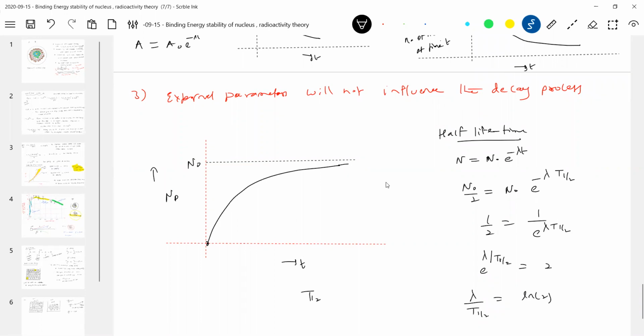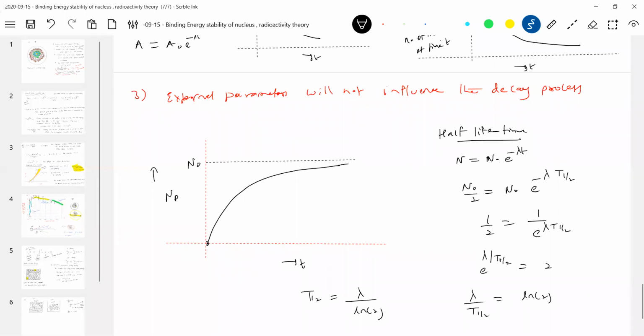So what is T half equal to? It will come as log 2 by lambda.